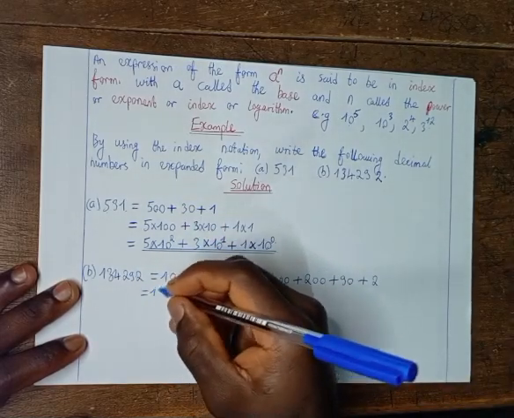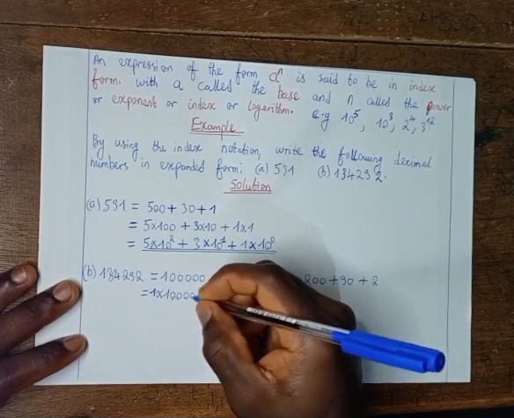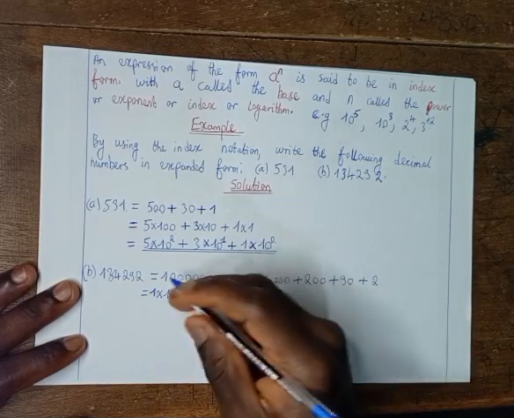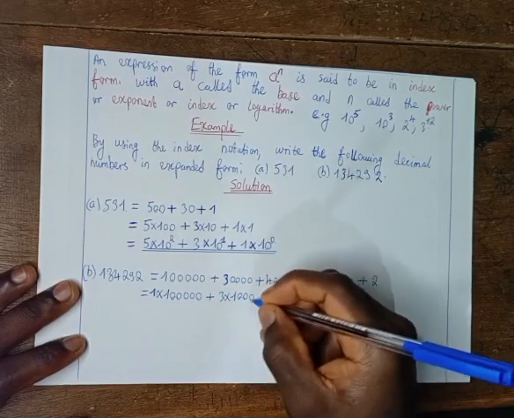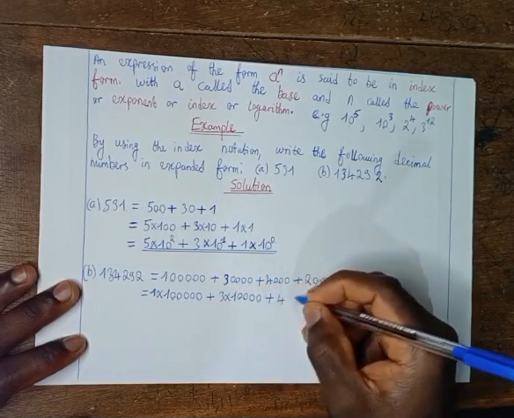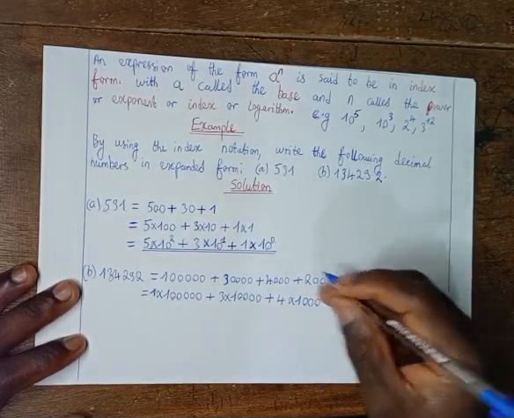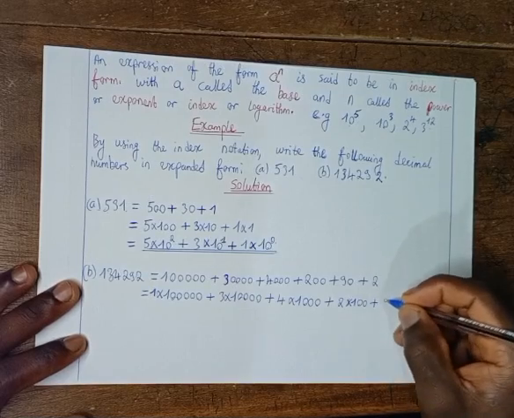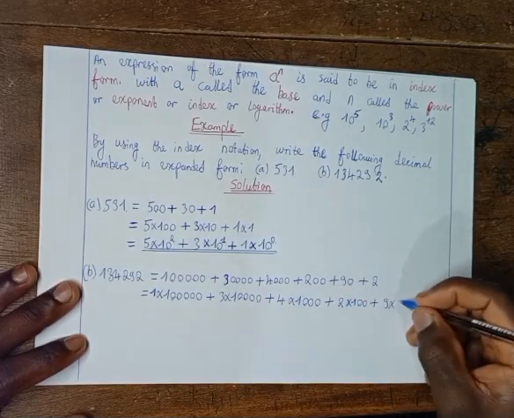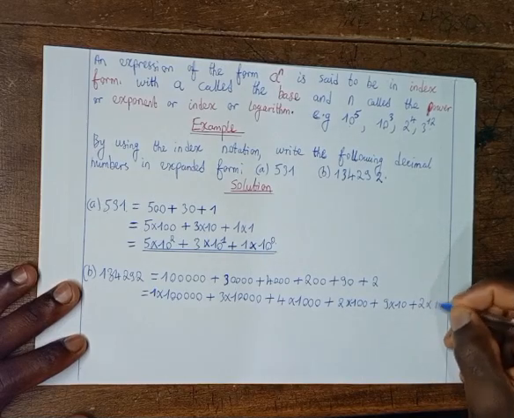You can write this down as 1 times 100,000 plus 3 times 10,000 plus 4 times 1,000 plus 2 times 100 plus 9 times 10 plus 2 times 1.